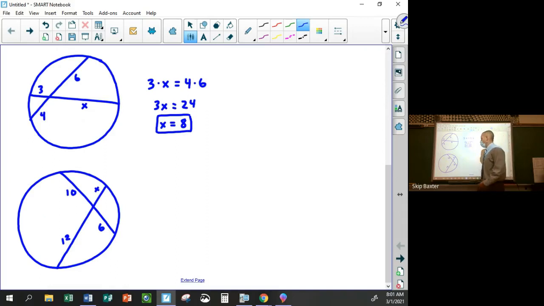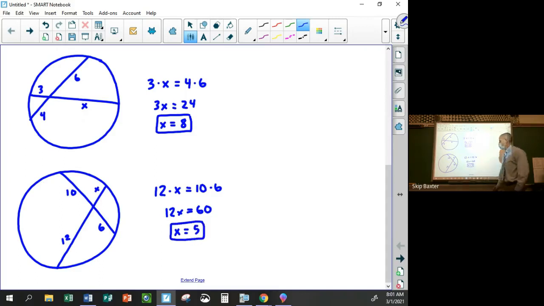Product of the segments of one chord equals the product of the segments of the other chord. So you have 12 times x equals 10 times 6. So 12x equals 60. Divide by 12, and x is 5. That's pretty easy, right? So let's talk about why this fact is true.